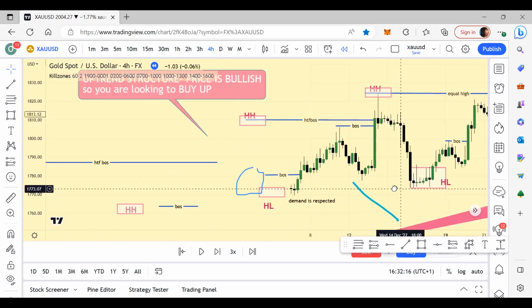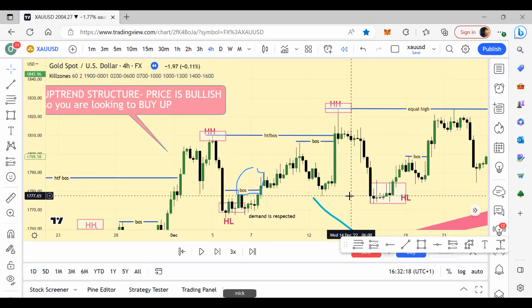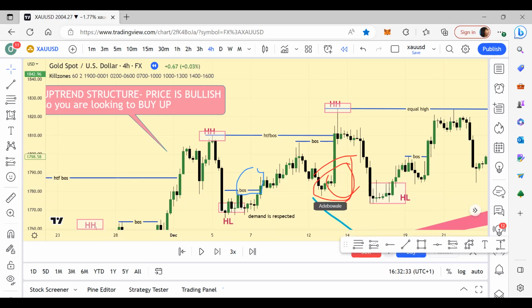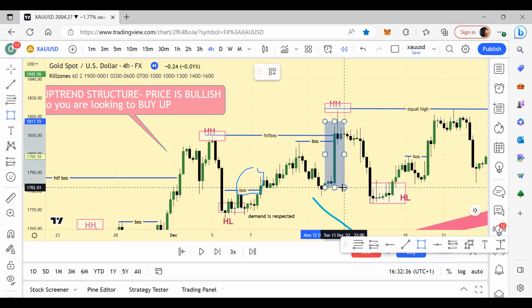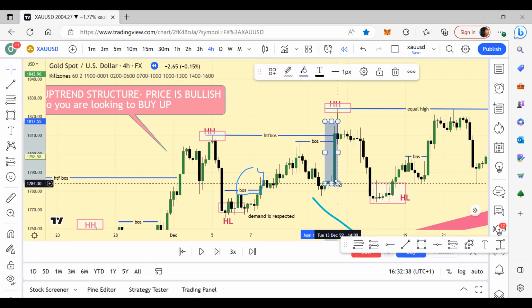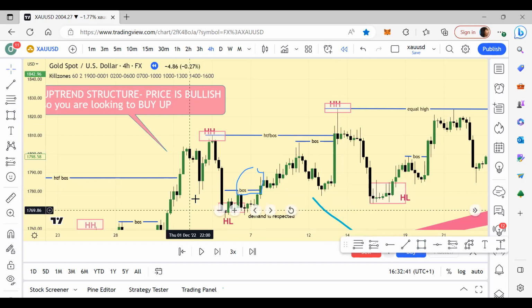And Ade, show me where an order block is on this chart. Okay, that is good. So this is it. That's good. You guys got it. So that's quite simple.